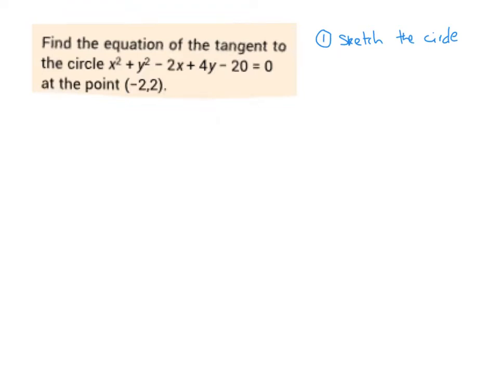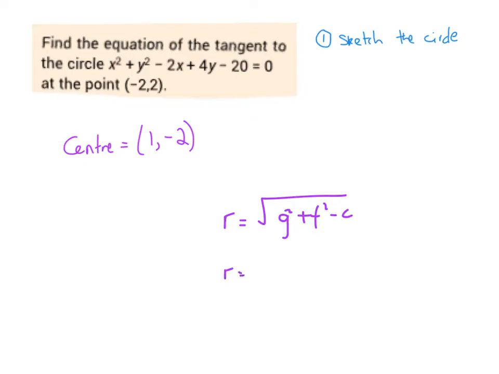So we know there that the center is equal to, well, minus half of the x coefficient. So that's minus by minus is a plus, so that is 1 comma, and minus half of the coefficient of y, which is minus 2. So that's our center. We know our radius is equal to the square root of g squared plus f squared minus c.